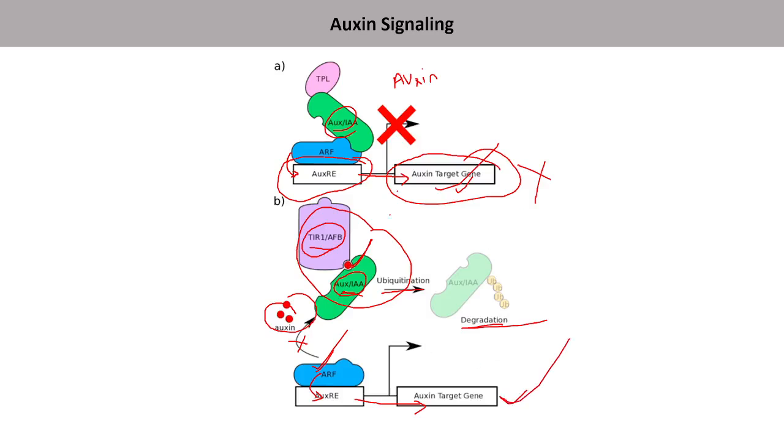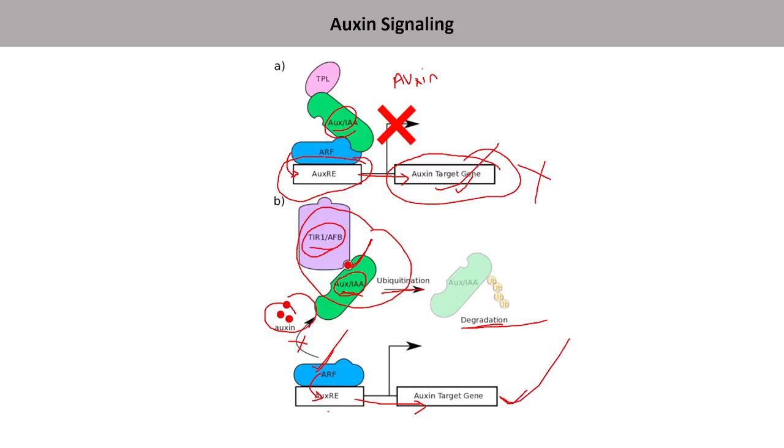I hope I'm clear with this, that what we are trying to say here is that in presence of auxin in plants, auxin will help binding of AuxIAA and TIR1, and this entire complex will be degraded by the ubiquitination method. And once this is degraded, the ARF will become free, and ARF will activate the auxin responsive elements present in the promoter region of the auxin target gene.